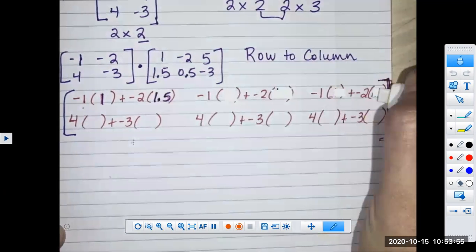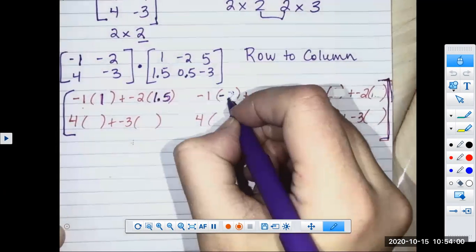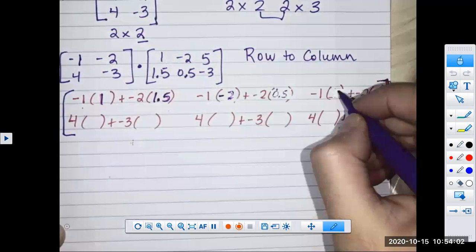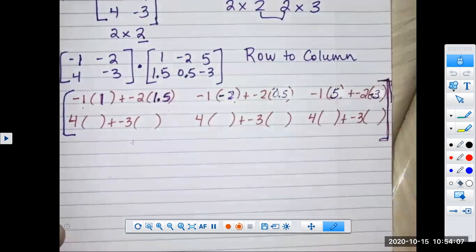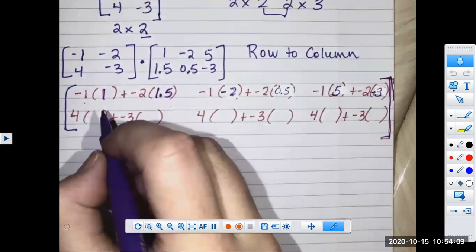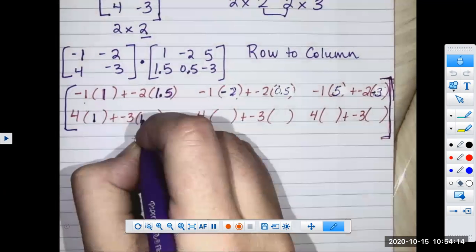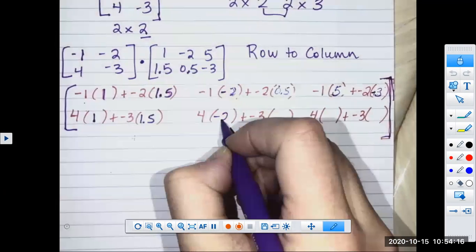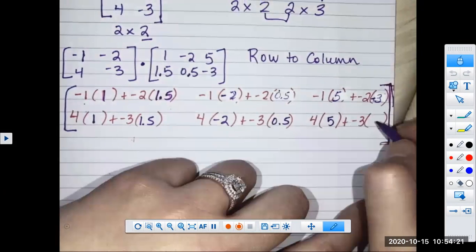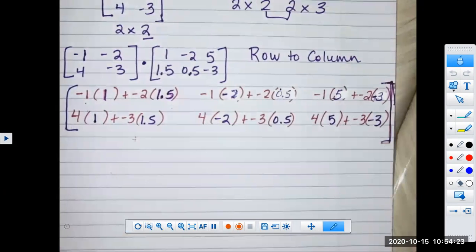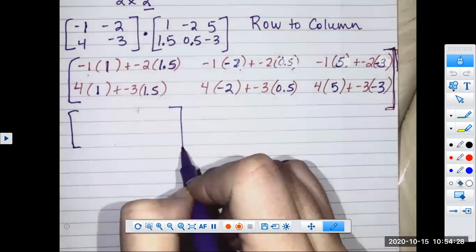Okay, then this gets the second column numbers, -2, 0.5, and then 5, and -3. And then you took this row, multiplied it to this first column, so those numbers, multiplied it to the second column, so those numbers, and third column. Okay, then just do your math, and you'll have your new matrix.